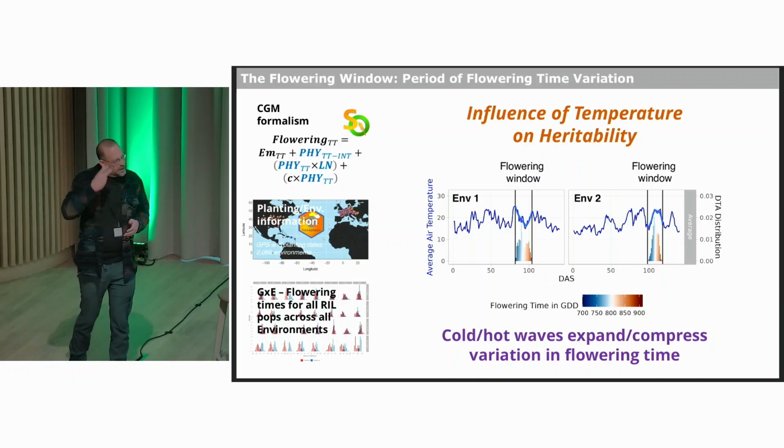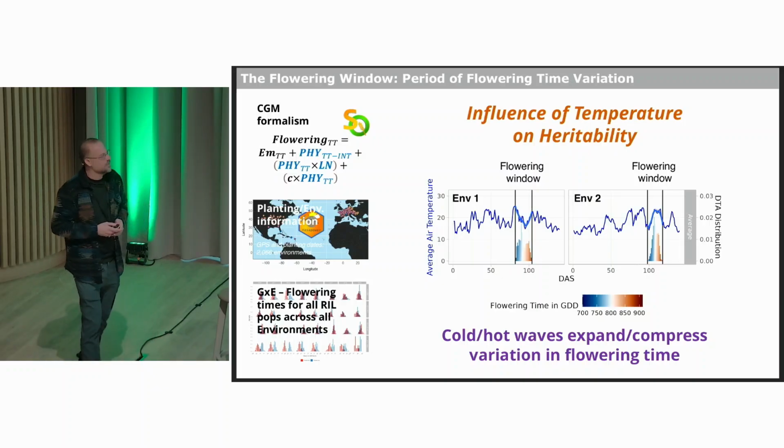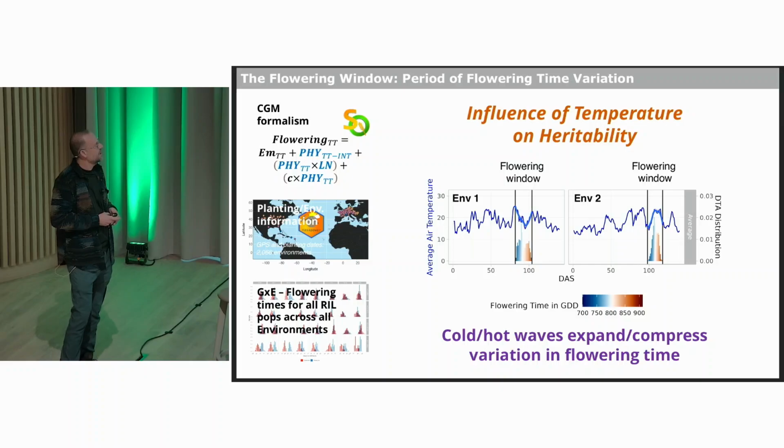So now, in the last few slides, I'm going to switch gears and just talk about how we then move to upscaling that beyond the validation stage, and just now we go to sending these virtual recombinants into many other environments and what we might be able to learn from that.